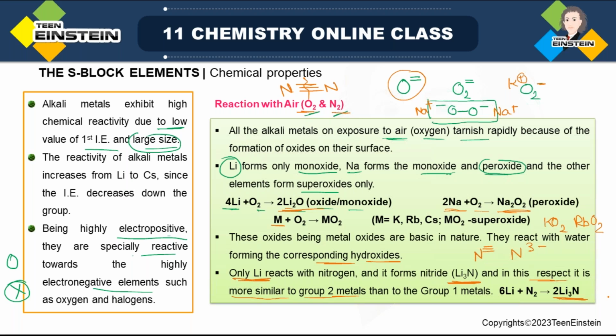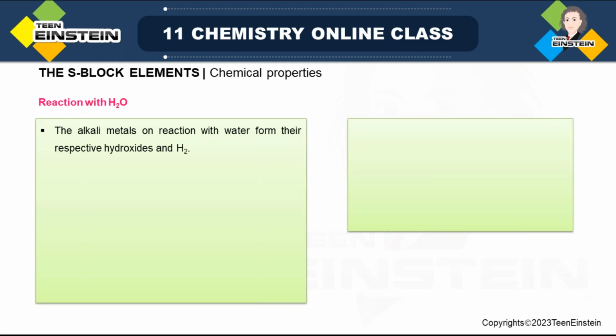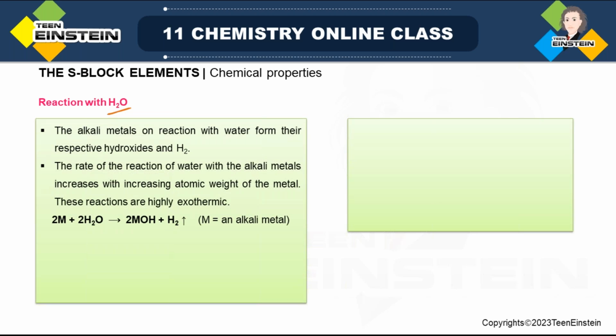So that was the reaction with air. Next we will see how alkali metals react with water. That is a very vigorous reaction, and as you move down the group this vigorous character increases. The general equation is 2M, where M is the alkali metal, plus 2H2O, forming 2MOH, where OH is the hydroxide.